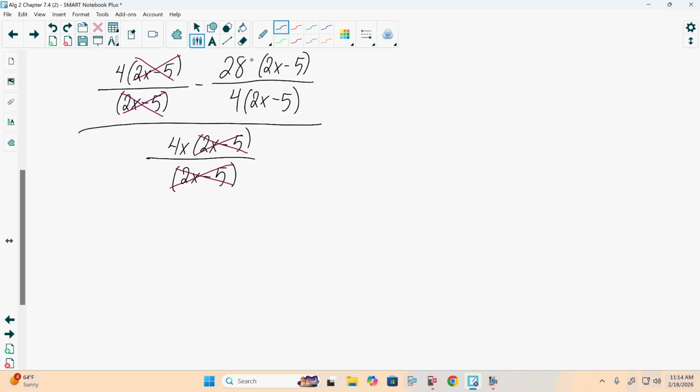But when we simplify at this point, 2x minus 5 and 2x minus 5 would reduce. 28 over 4 has something in common. 28 over 4 is going to reduce to what? So it's going to reduce to 7 either way, yes?